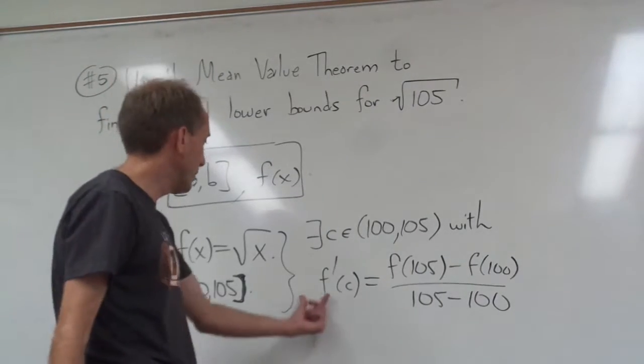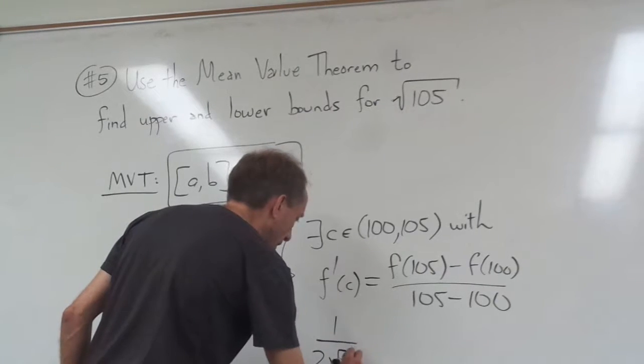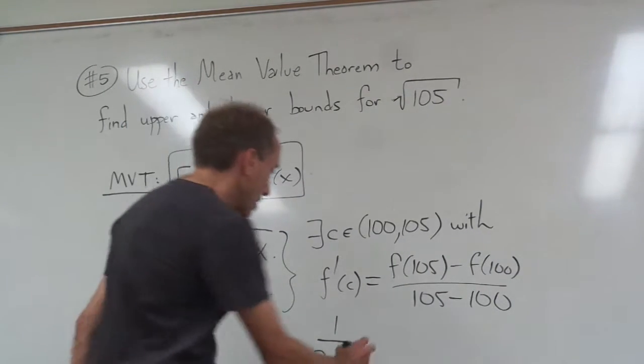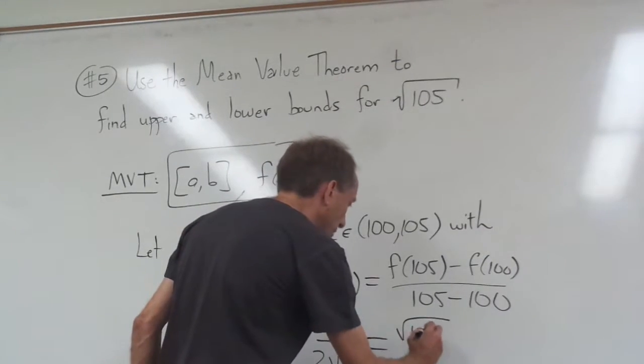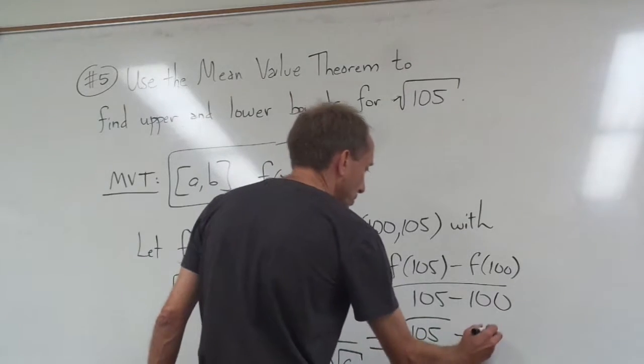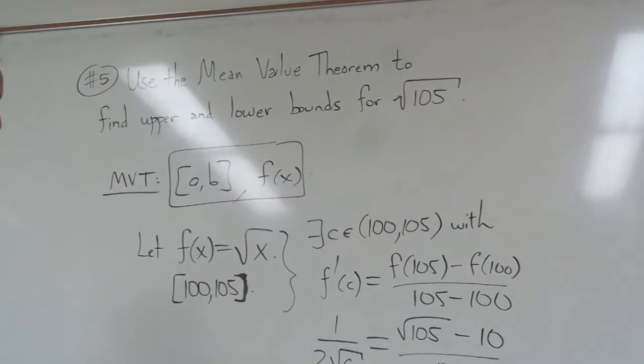Okay. Now, the derivative of the square root of x is just 1 over 2 square root of x, and I'm going to plug in c into that. f(105) is just the number we're trying to estimate, the square root of 105, and then I'm going to subtract 10 here, and I'm going to put 5 on the bottom as well.